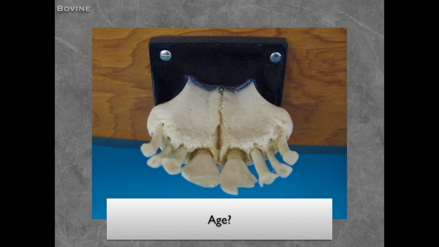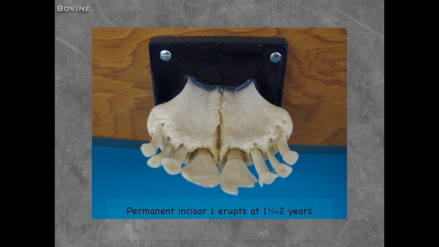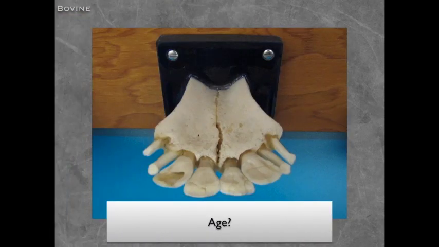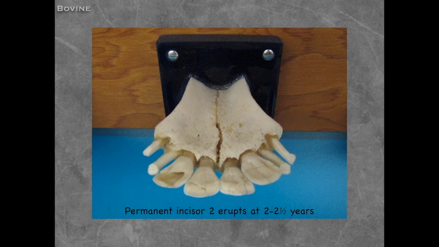Notice how much larger the permanent teeth are. So our first permanent incisor is going to come in at 1.5 to 2 years. So that's the eruption time. Then our second permanent incisor is going to come in at 2 to 2.5.